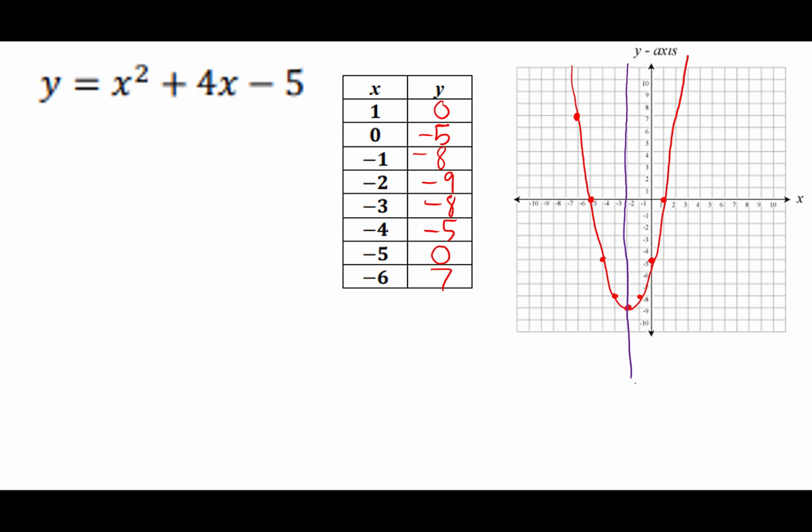This is what we call a line of symmetry, or axis of symmetry. Okay. Now, the point in my graph that goes through that line of symmetry is called the vertex.